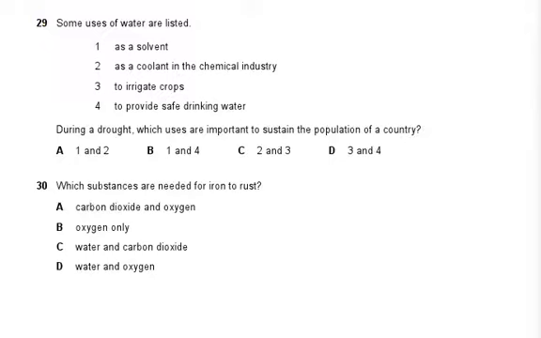For number 29, some uses of water are listed: as a solvent, as a coolant in the chemical industry, to irrigate crops, and to provide safe drinking water during a drought. Which uses are important to sustain the population of a country?